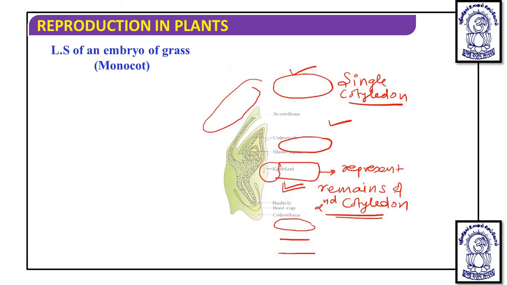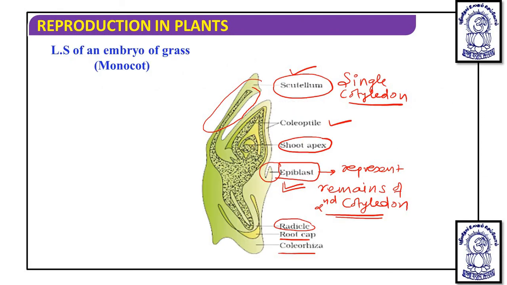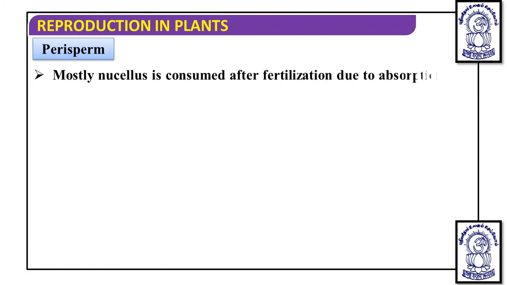Okay, so we have seen this diagram, and now you remember the epiblast as well. Then the one more thing which we are going to discuss in this continuation of the lecture is perisperm. Now what happens when embryo development or endosperm formation occurs?